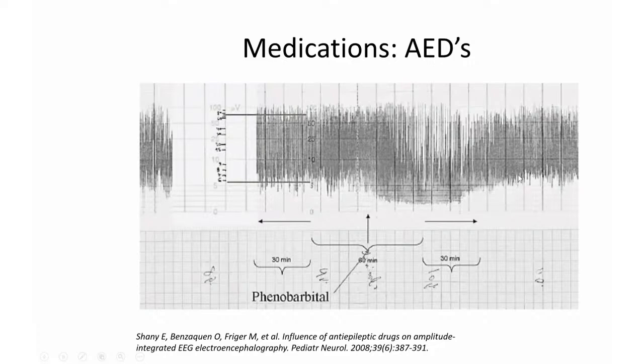So this is the effect that we're looking for with anti-epileptic drugs, right? We're trying to suppress the brain activity. So this is a very common thing. What I've seen in practice is that the sicker the brain, the slower it recovers after an AED.